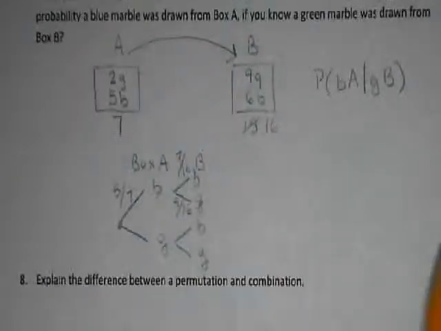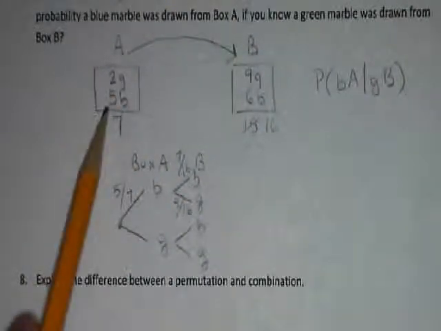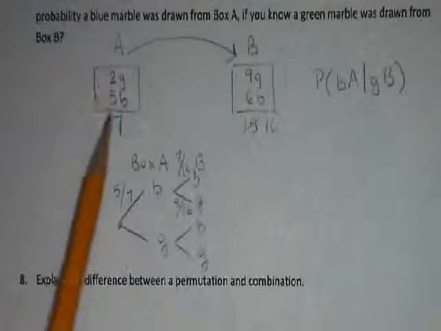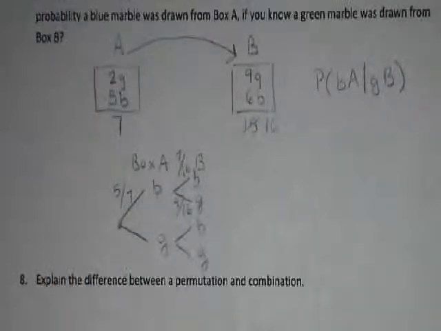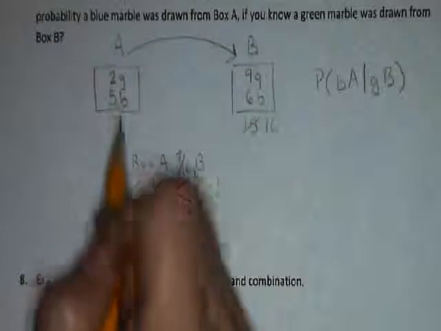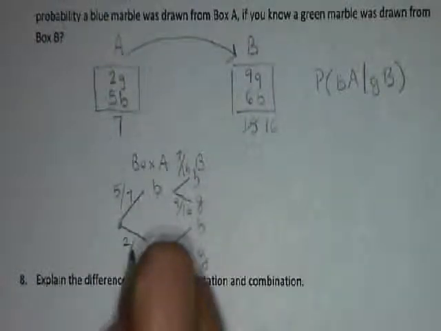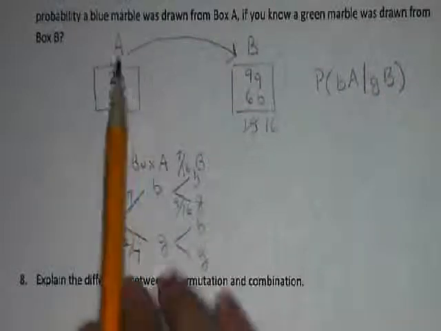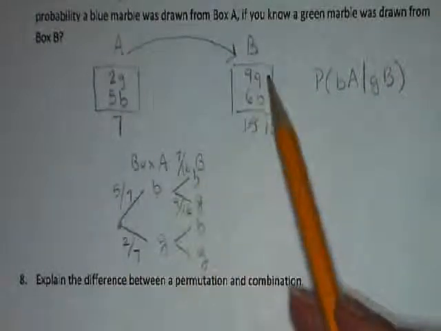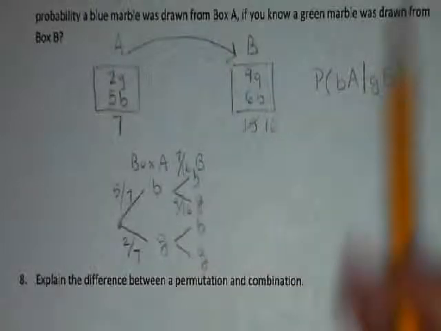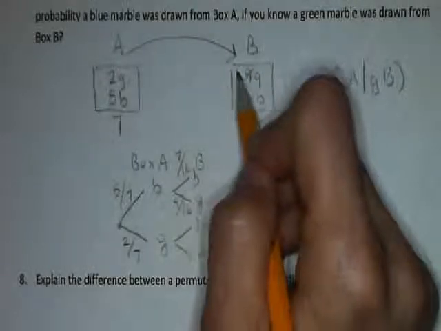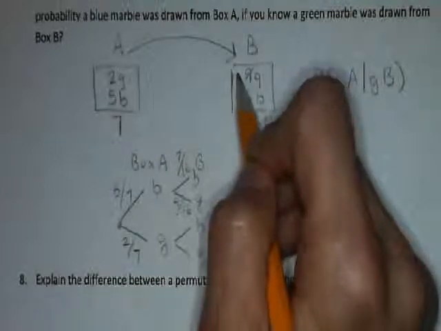And then we'll go back to the start again, and now I'm going to be looking at probabilities of drawing a green out of box A. To get a green out of box A, there are 2 out of a total of 7, so that'll be 2/7. I'm going to transfer that green marble over to box B. So now I have 10 green marbles, and I'll go ahead and make that change since that's going to be true for the remaining problems in my tree.